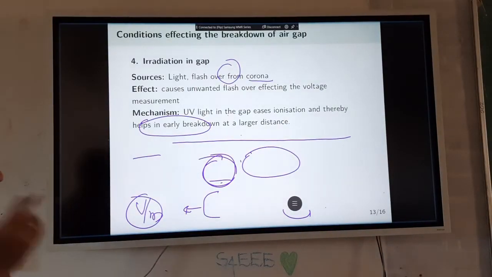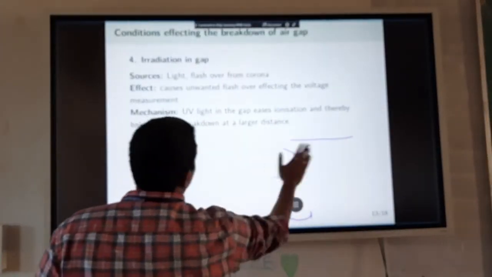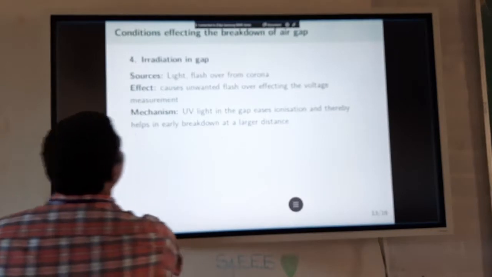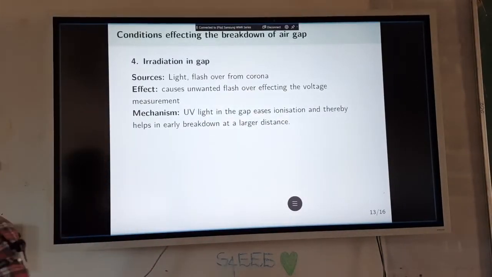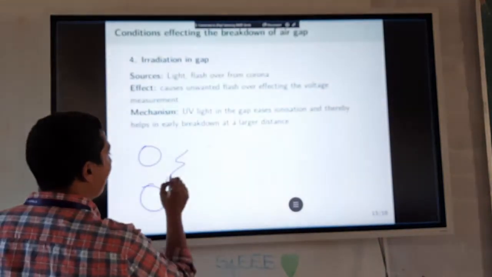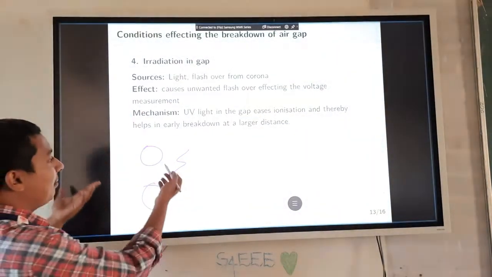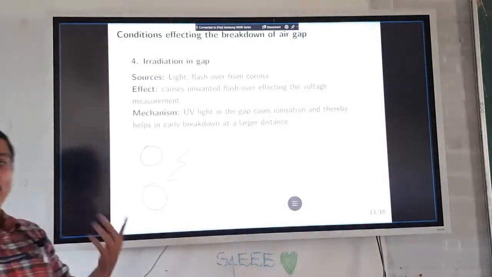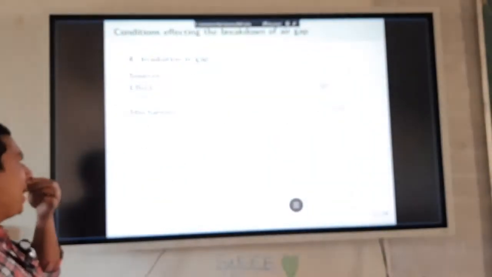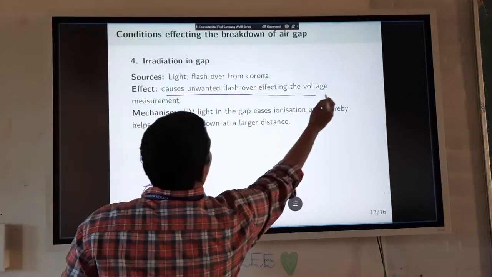Apart from this, another effect which causes changes in the measurement is the irradiation of the gap. You have your air gap like this, and there is some irradiation happening from outside, due to light, or due to a flashover occurring while measuring. Somehow, if it is happening, it causes an unwanted flashover affecting the voltage measurement.